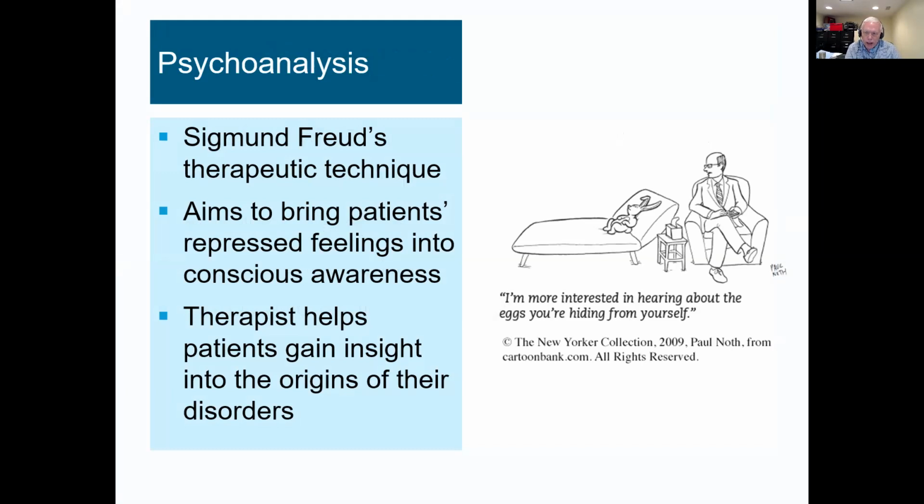One is that we have an unconscious mind. Two is that things that happen early in our lives affect how we turn out later on. And three is that when there's conflict in our unconscious mind that can't get worked out, we end up engaging in defense mechanisms.